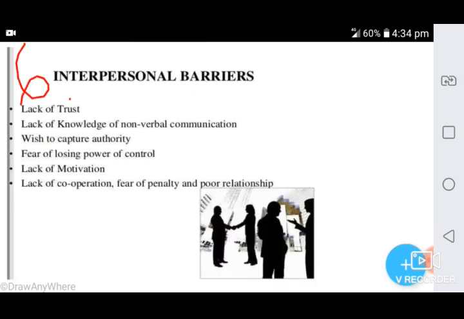Then the sixth one, interpersonal barrier. It arises due to inappropriate translation of words between two or more people or inefficiency of communication skill.